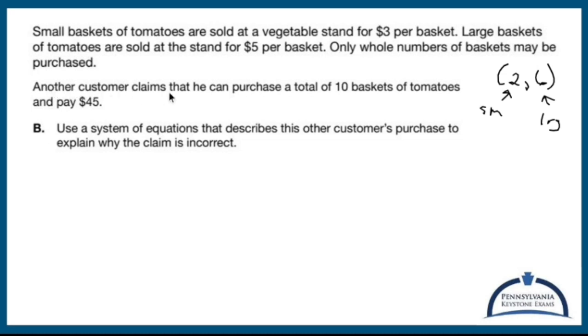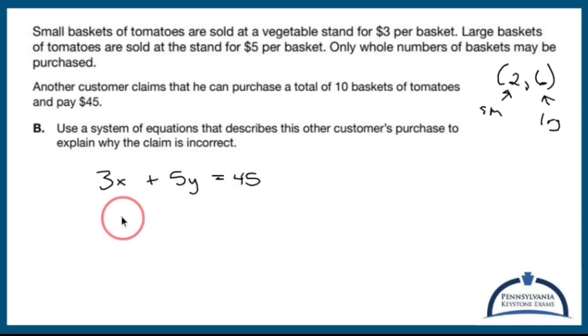Another customer claims that he can purchase a total of 10 baskets of tomatoes and pay $45. Use a system of equations to describe this other customer's purchase to explain why his claim is incorrect. All right, so it's $3 for small ones, $5 for large ones, and he paid $45.